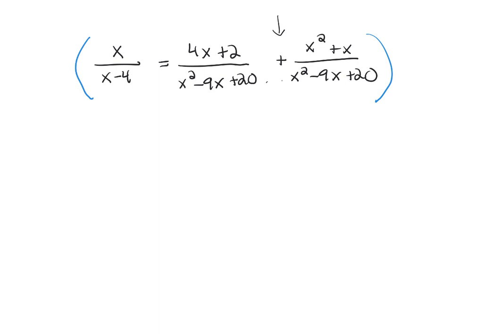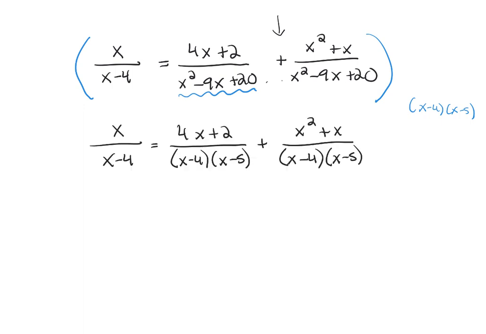Cancel out your denominators. So what I want you to think about is, let's factor that denominator. That would go to x minus 4 and x minus 5. So I'm going to rewrite this with that denominator. So all I did was rewrite it.